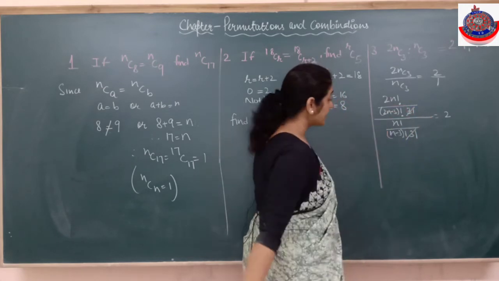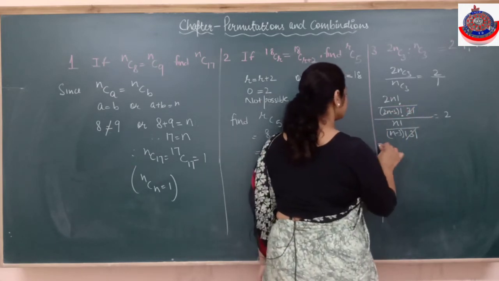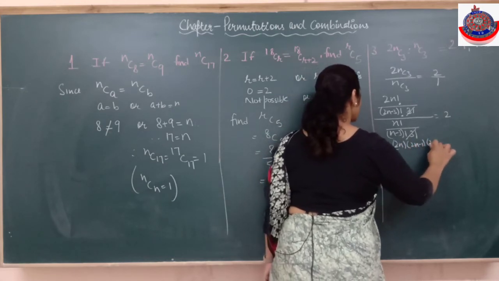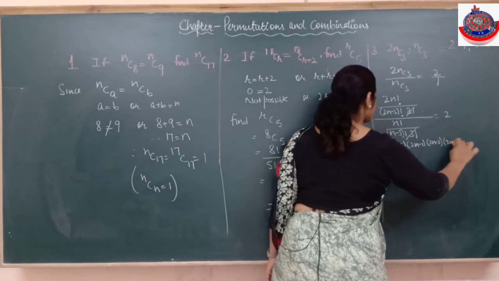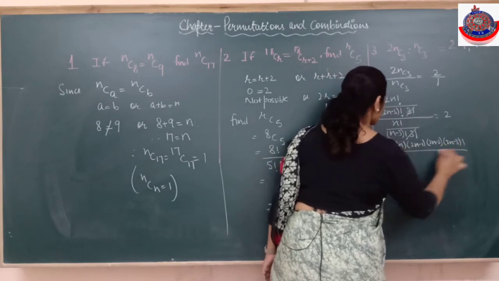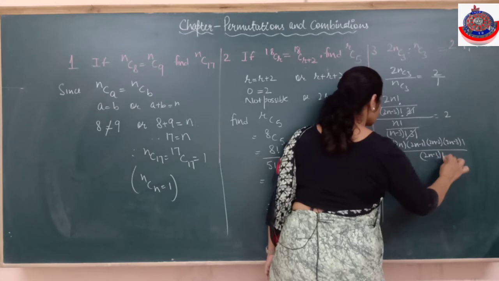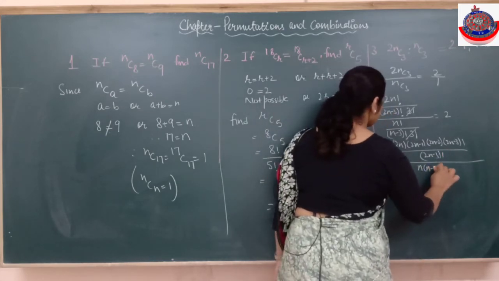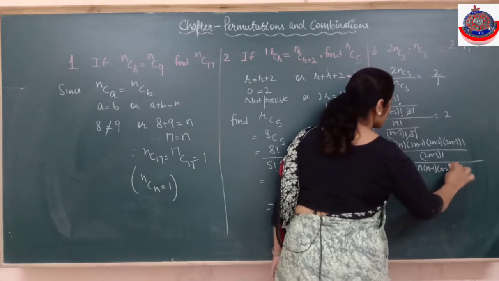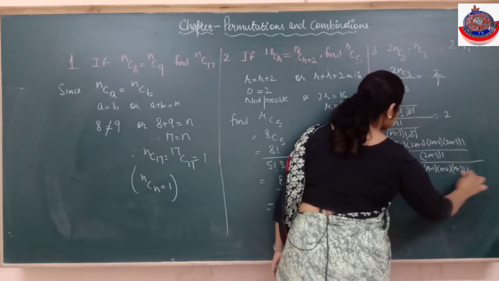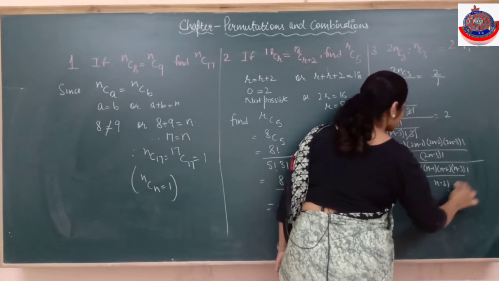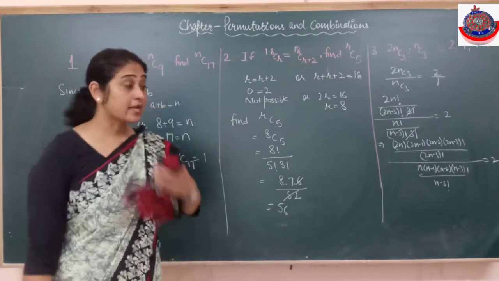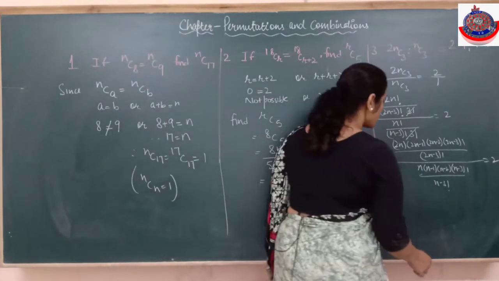Whatever is the bigger one, just open that and solve it. 2n minus 1, 2n minus 2 into 2n minus 3 factorial, and in the denominator I have 2n minus 3 factorial, upon n minus 1, n minus 2 into n minus 3 factorial. You have already done many questions in computation of this kind. We just open the bigger one, bring it to the smaller one and put the factorial there. So whatever is cancelled.